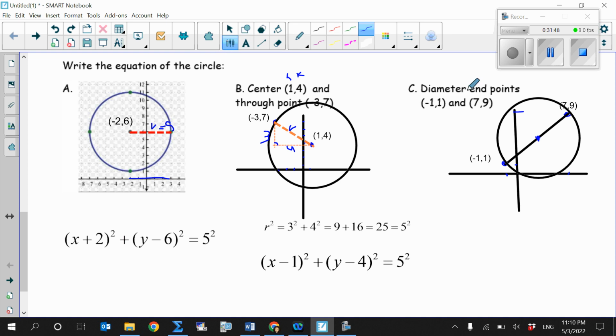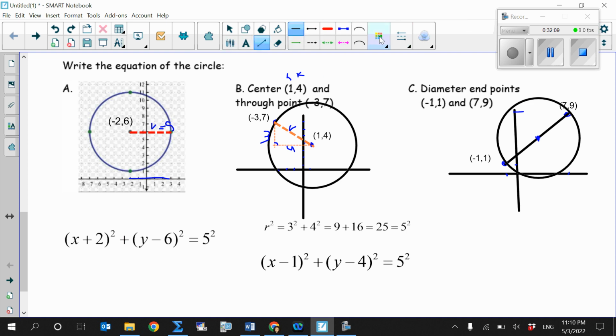Now, from this shape, I need to find the radius, which is half of this diameter. If I find the distance between these 2 points, the length of this line, and divide it by 2, that's going to be the radius of the circle.